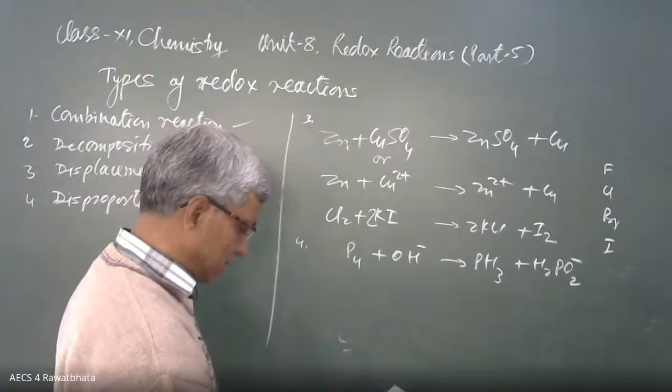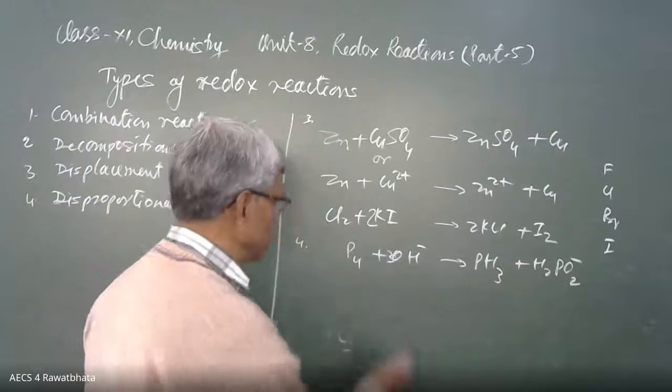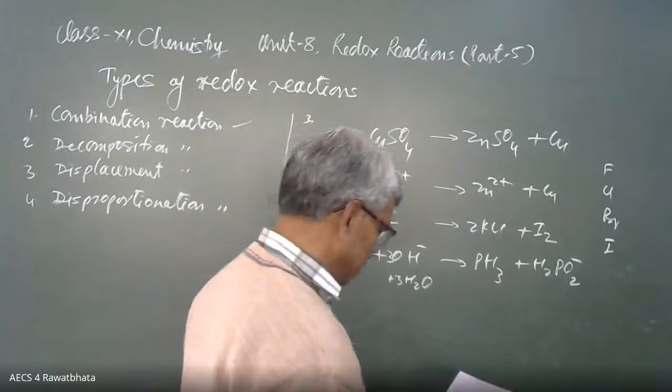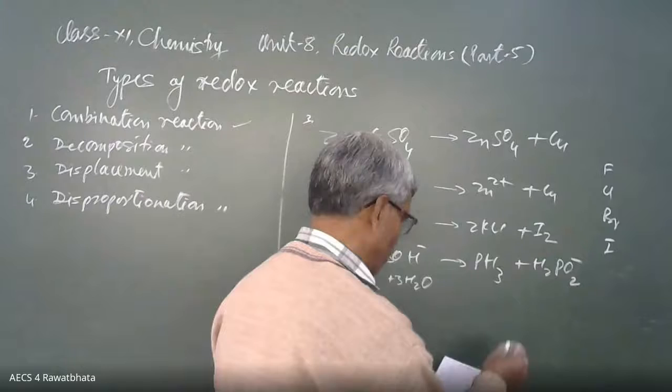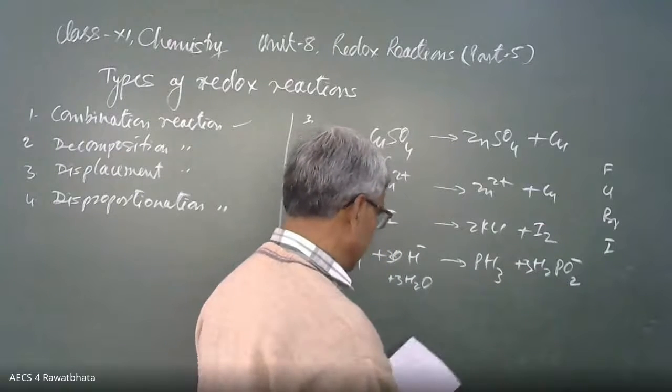Its final equation is P4 plus 3OH minus plus 3H2O gives 3H2PO2 minus plus PH3.